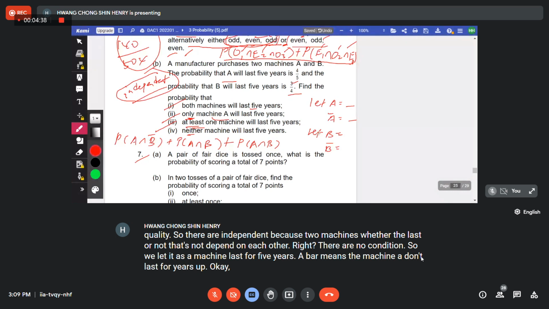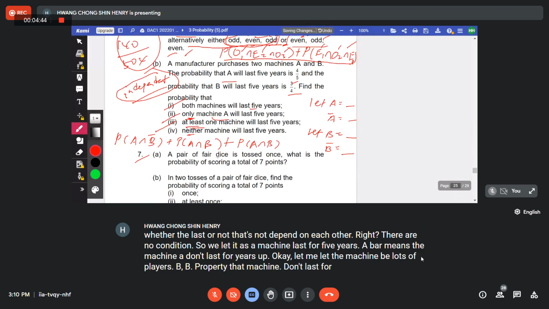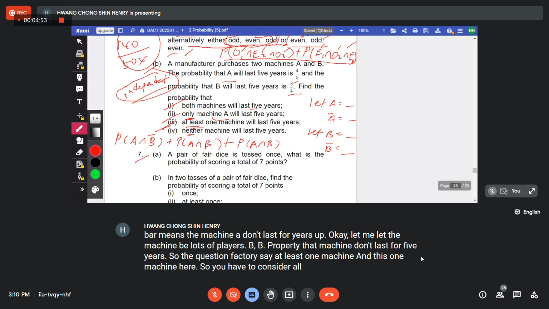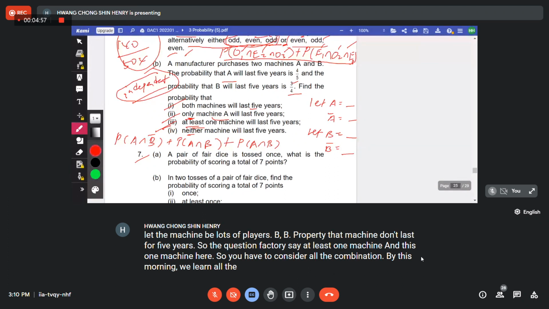Then we let B be machine B lasts for 5 years. B bar will be the probability that machine B doesn't last for 5 years. So the question part 3 says at least one machine. You never mention A or B. So you have to consider all the combinations. Like this morning we learned all the combinations that give you the same condition.